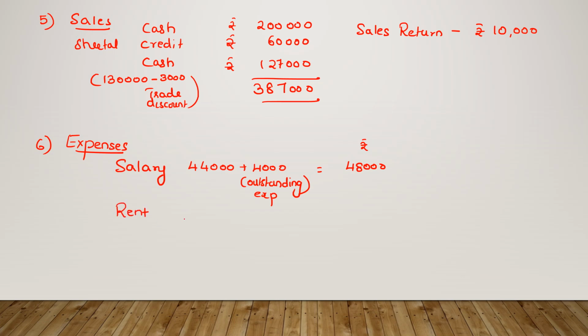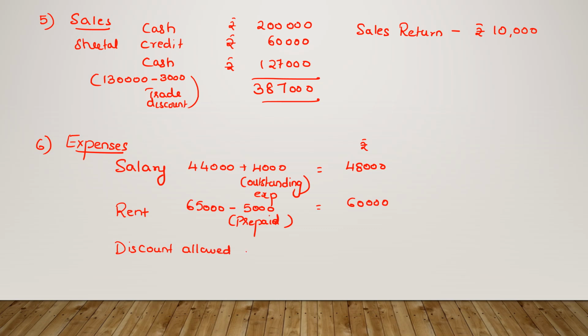When it came to rent, we saw that 65,000 was paid, but 5,000 of that was prepaid rent related to the next accounting year. So actually related to current year it is only 60,000. Other than that, we have one more, that is discount allowed to the customer.